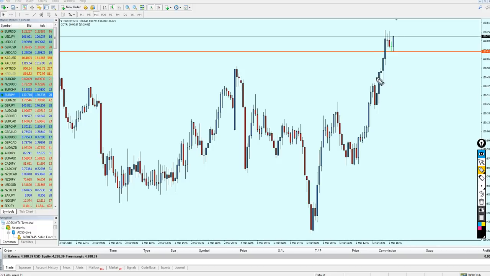You should exit your trade if you see this support level, and instead of seeing this blue candle, we see a long bearish breakout candle, a red one. If you see this long breakout candle in red, like a bearish breakout candle, at that time you have to exit your trade.